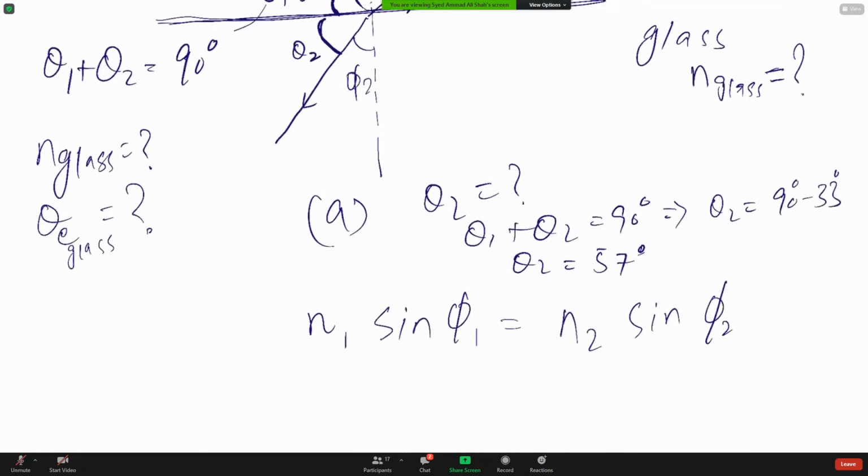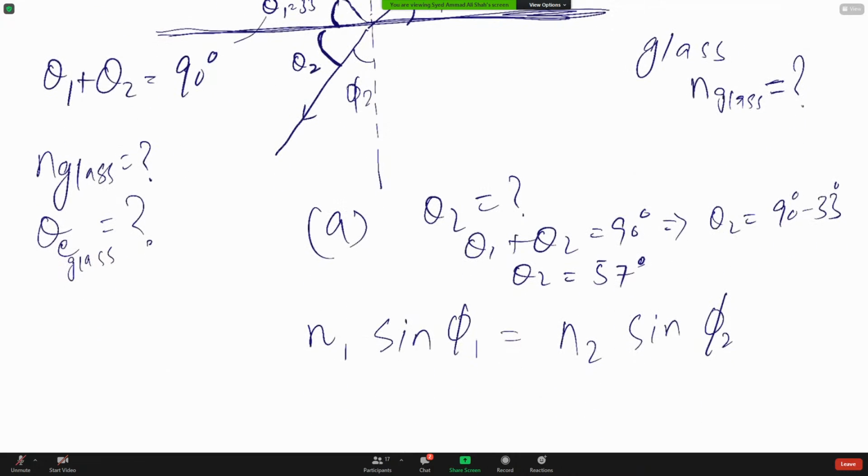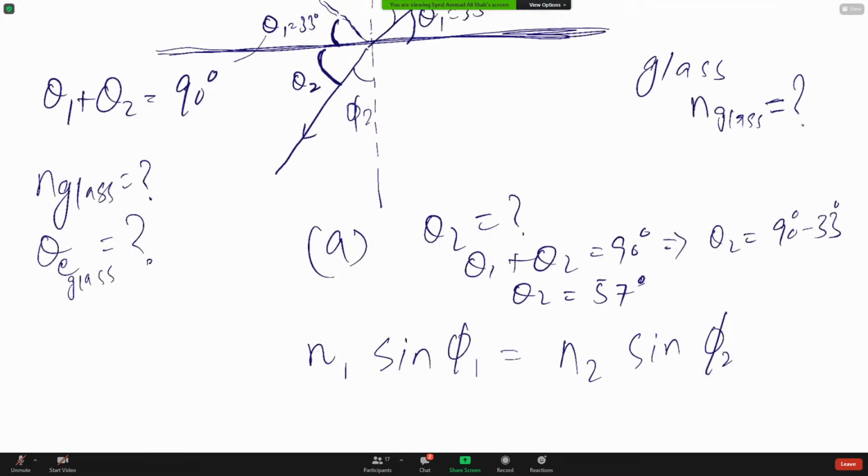So your Snell's law formula was sine phi 1, meaning the angle you are making with the normal. If this whole thing is 90 degrees, it means phi 1 is 90 minus 33, 57 degrees. And what would be your phi 2?